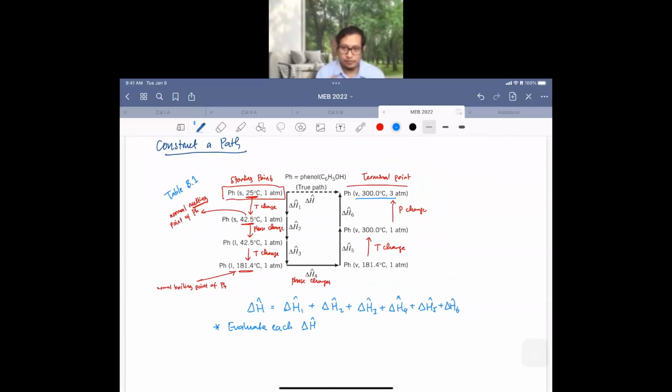I will go for some general procedure first, okay? And then we are going to have much more discussion on how to evaluate each delta H here. Some of the delta H we can compute using Table B1. Some parts of it we can read from the table for the phase change. So for delta H2 and delta H4, we can read Table B1.